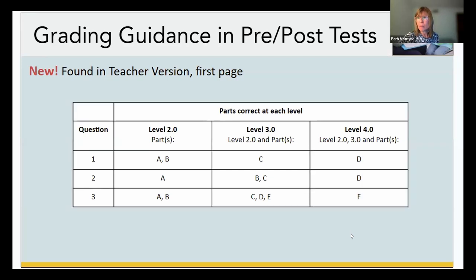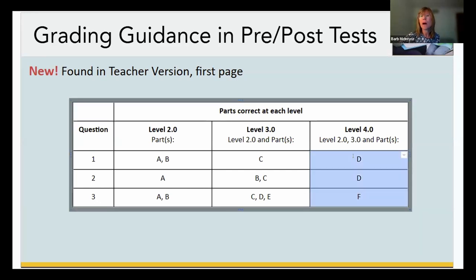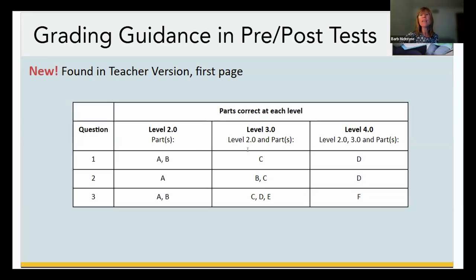They might have to scale something up or scale something down, and then put it all together with all 3 dimensions, usually in the last part of that question. So you can see there's a nice flow: level 2 are generally the early multiple choice questions, level 3 is going to involve the DCI plus the SEP, and level 4 is going to usually bring in that CCC. And that's how we design them.